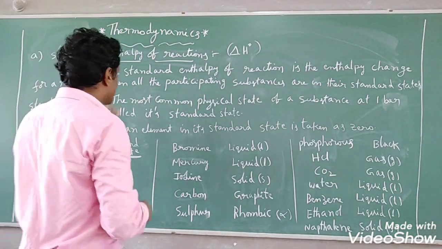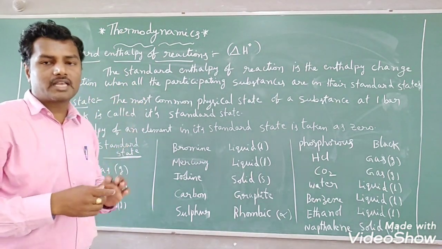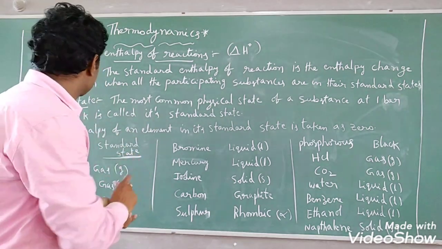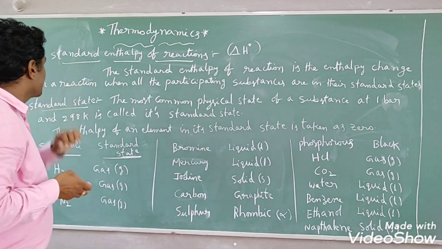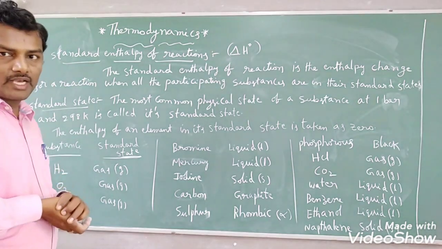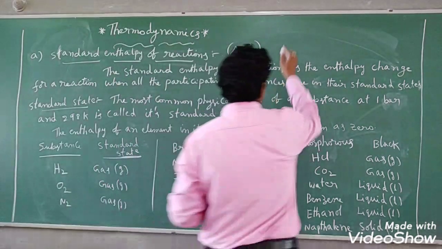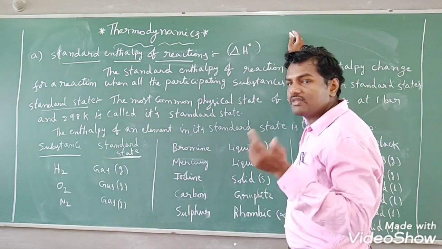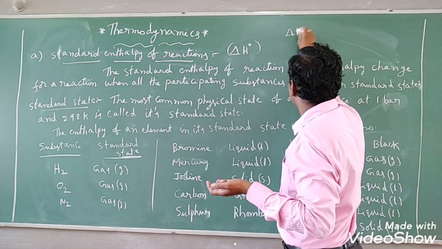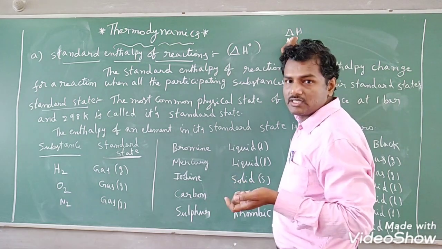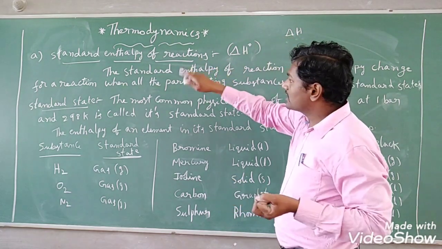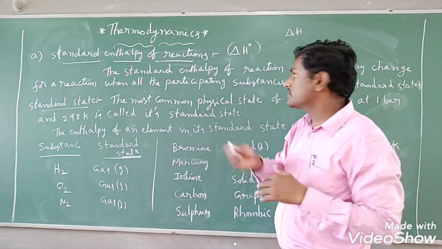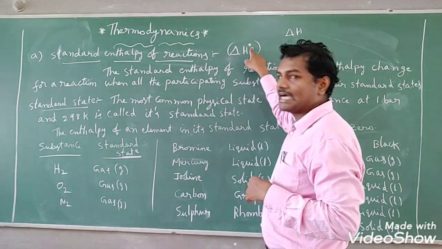Let us see, students, the change in enthalpy of a reaction. Enthalpy change of a reaction subtopics we are going to discuss. First one is standard enthalpy of reaction. Enthalpy change of the reaction we have represented by delta H R. Enthalpy change means delta H. Standard enthalpy of reaction or standard enthalpy change we generally represent with delta H naught.